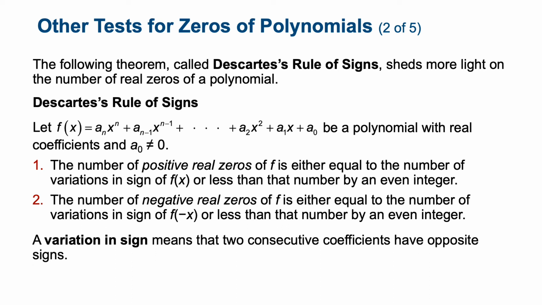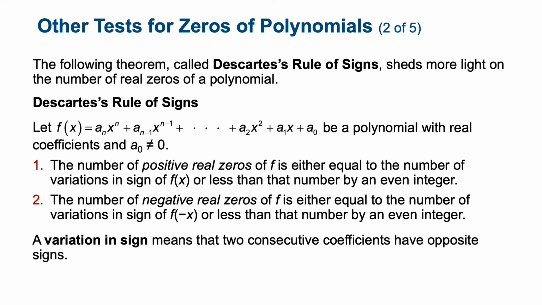So let's say you have a polynomial in this general form, with real coefficients, and the last term is non-zero. Then the number of positive real zeros is equal to however many times the sign changes.